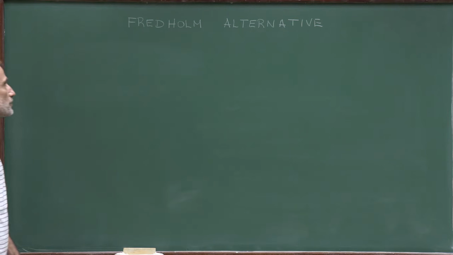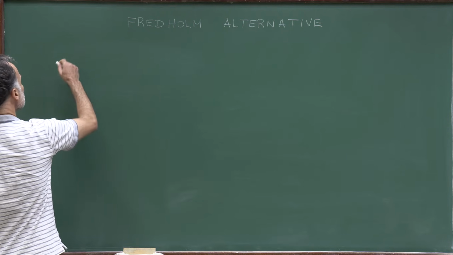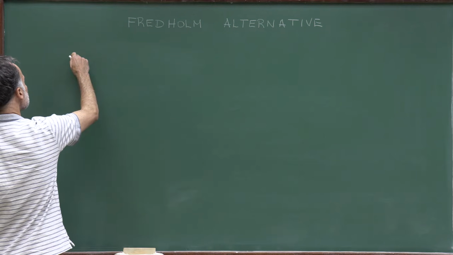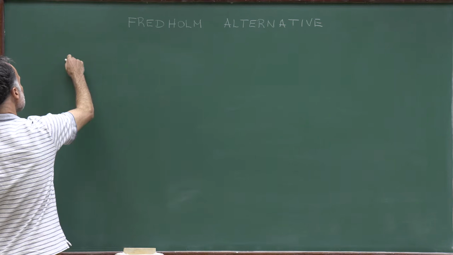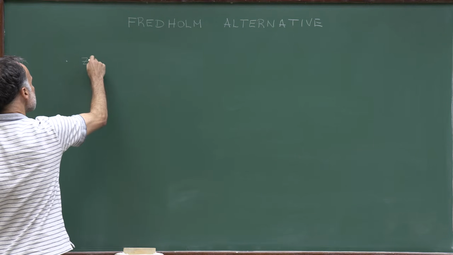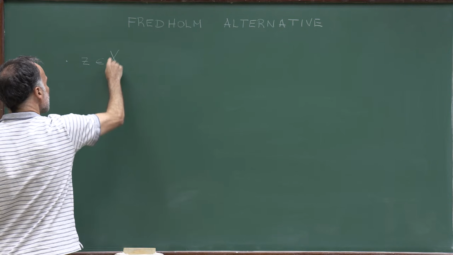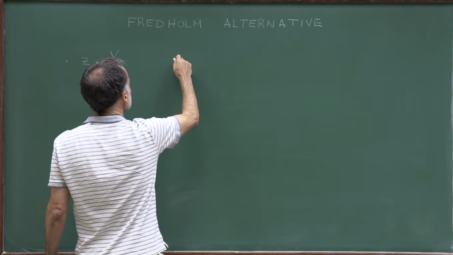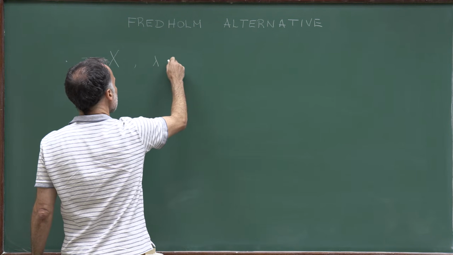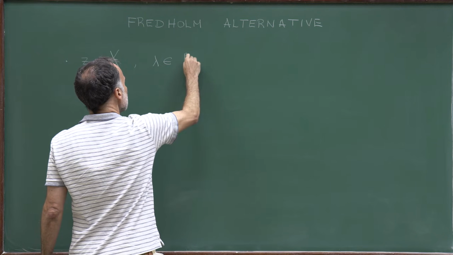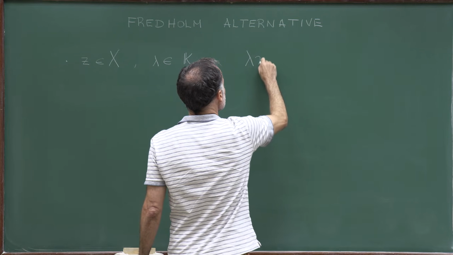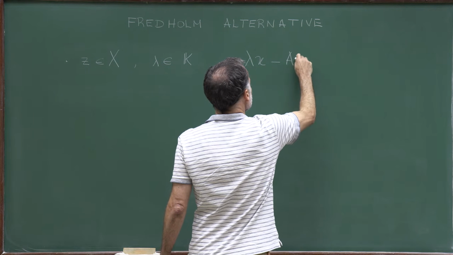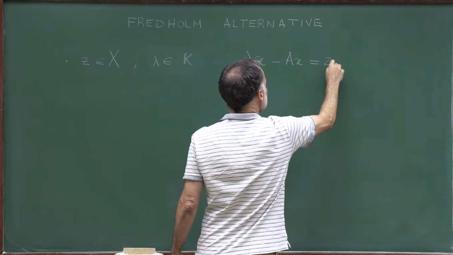And I want to discuss the existence and uniqueness of solutions of two equations. So the first one, I will fix a z in X, and consider a scalar lambda and the equation lambda x minus Ax equal to z.